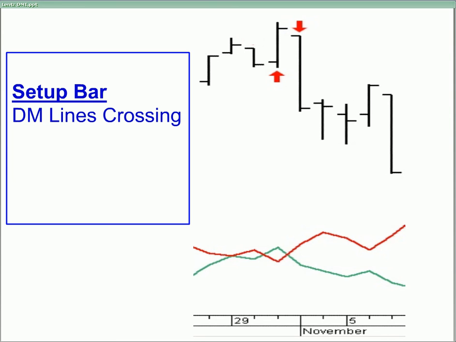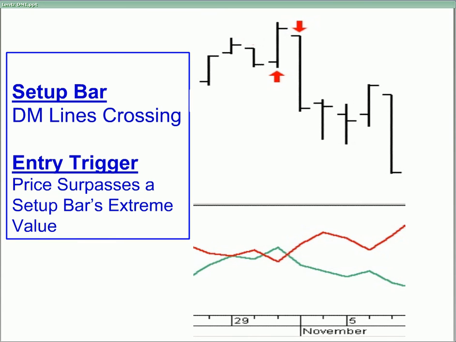So let's dive into this further here. We have the setup bar that occurs, and you can see right here that we have the green line crossing above the red, and we have a bullish setup bar right here. Okay, let me go on. There we go. Then on the very next day, we have a reversal that occurs. The red crosses back above the green. Now, notice what happened is that there was no entry trigger. We need the price to surpass the extreme value.